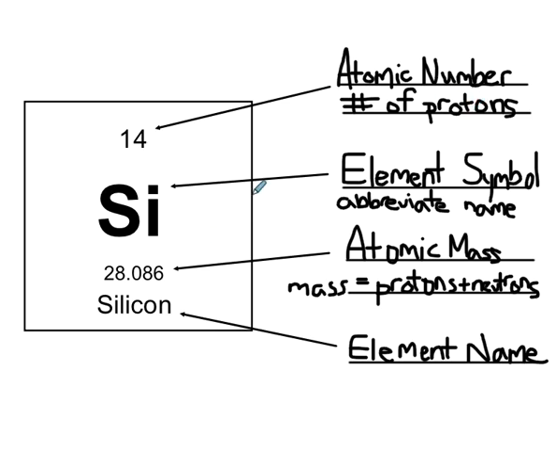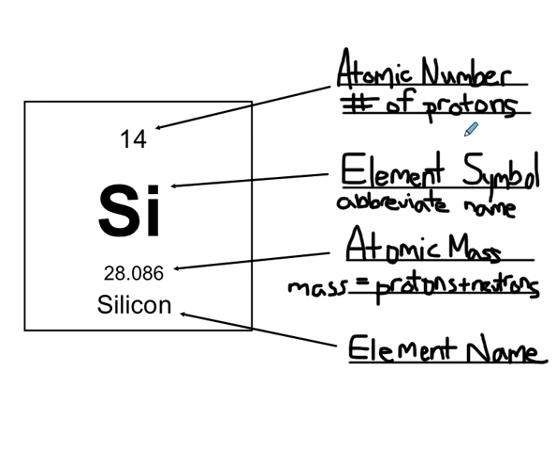Usually, if their atom is neutral, which means the positives equal the negatives, the number of protons would equal the number of electrons. So this 14 here, the atomic number of silicon, will tell us that silicon has 14 protons and it also has 14 electrons, because usually the number of protons will equal the number of electrons.